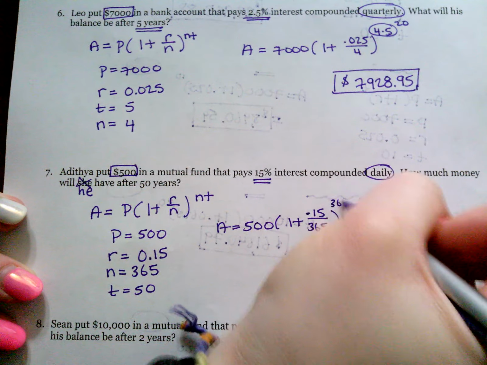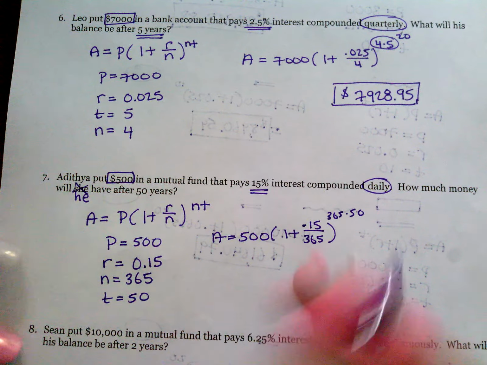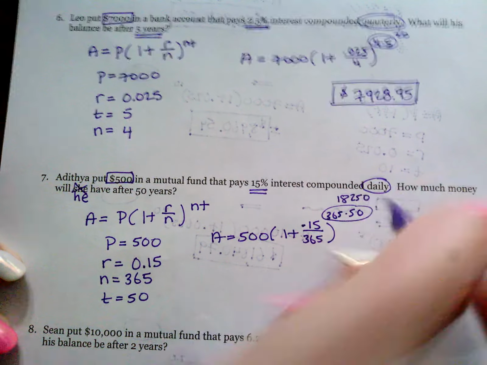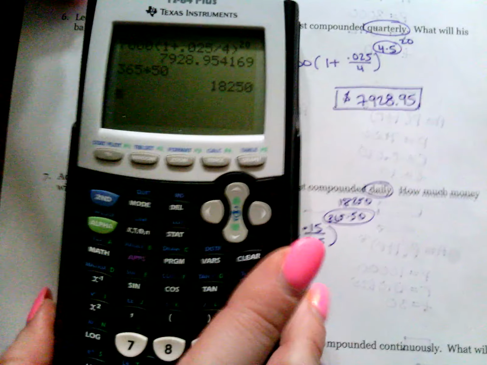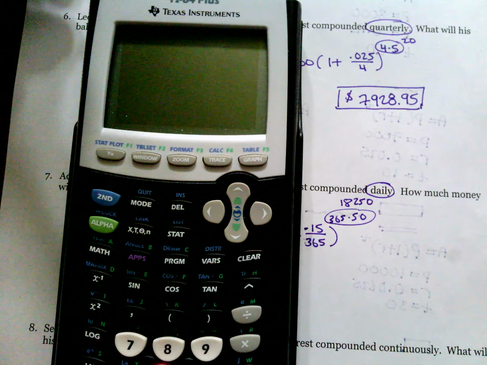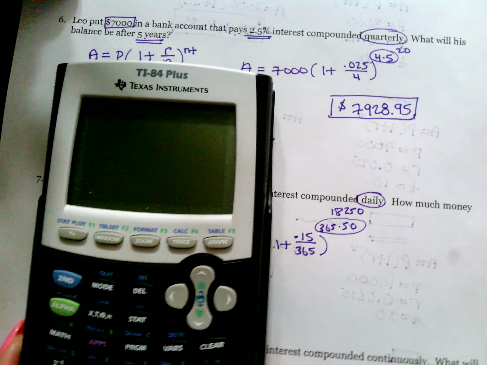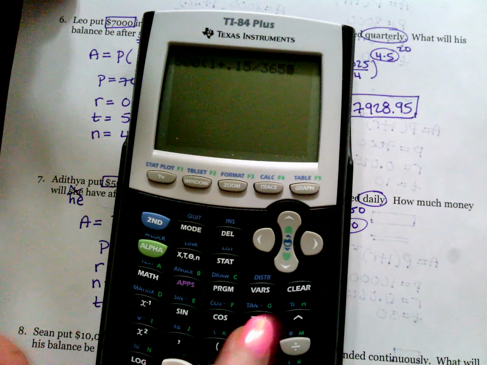Let's see. 500 times 1 plus 0.15 over 365 to the power of 18,250. 902,629.48. Wow.